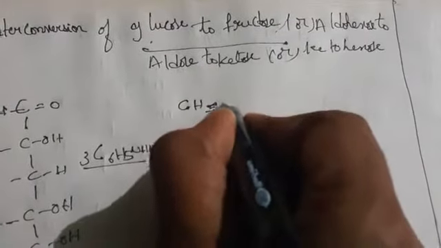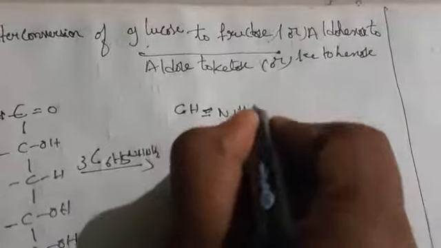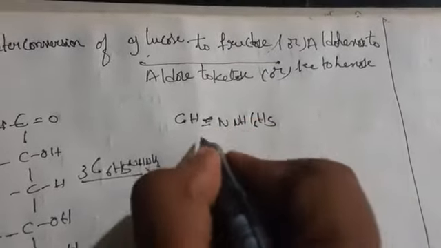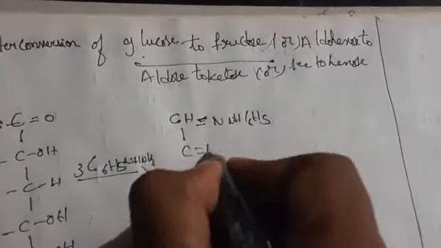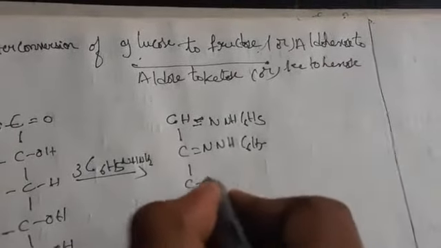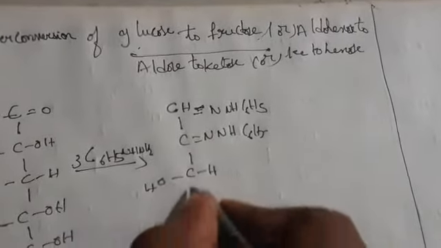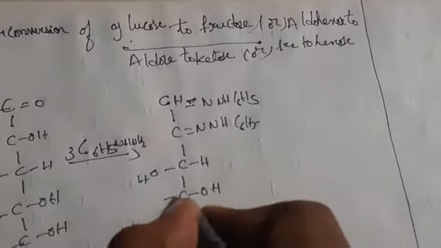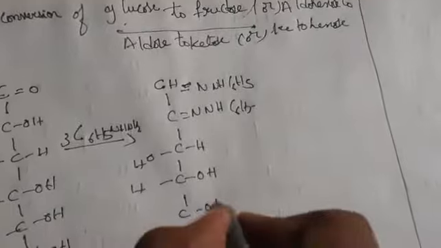CH=N-NH-C6H5, C=N-NH-C6H5, then CHOH, CHOH, CHOH and CH2OH. When glucose is treated with phenyl hydrazine, we get glucosazone.